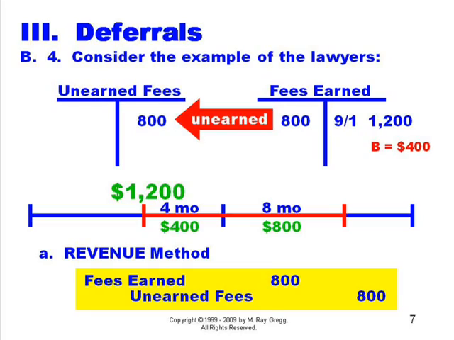Now, one of the reasons we're doing this is to reach a conclusion. If it's true in this one case, it must be true in others like it. So that's how the decision tree comes about. If in this case we debited fees earned and credited unearned fees, what would we do with other similar situations?